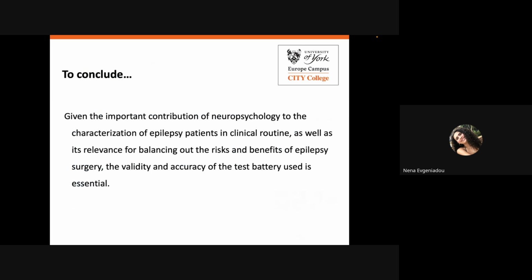So to conclude, I hope the original question was answered, so that we can see how important the contribution of neuropsychology and neuropsychological assessment is in epilepsy and how it can balance risks and benefits. And to keep in mind that neuropsychological assessment is not just building an appropriate profile and selecting and applying the appropriate instruments.